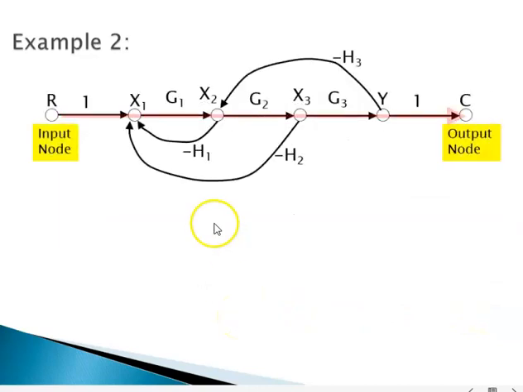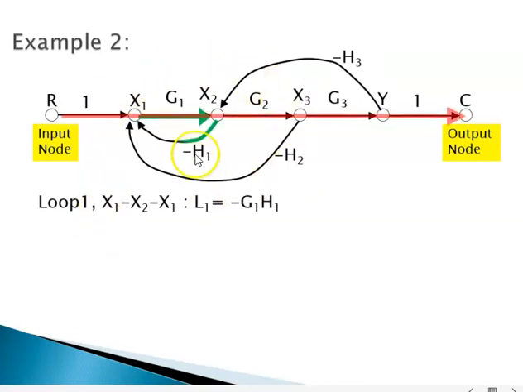Now we come back to this and we represent P1 here. I'm trying to blink it to show you that all the loops touch this P1. Let us identify loop 1. Loop 1 is going from x1 to x2, coming back to x1. You can see that this green is touching red.